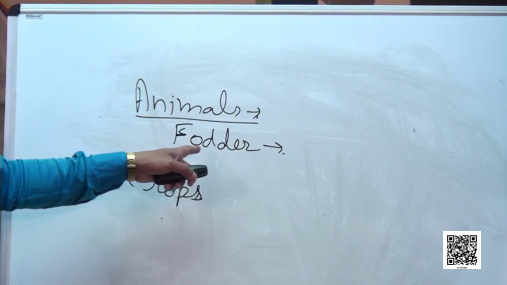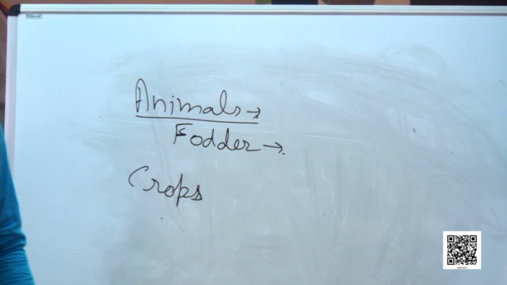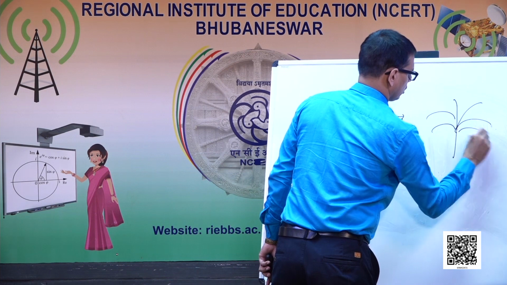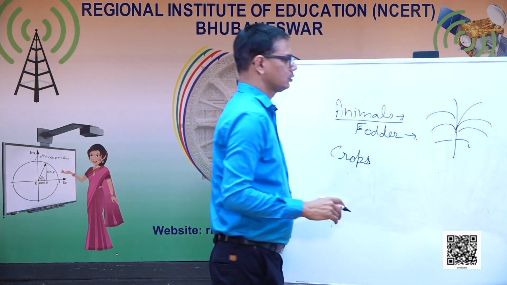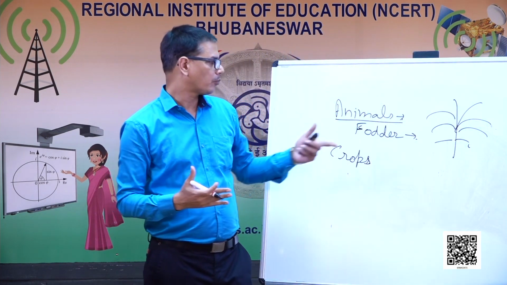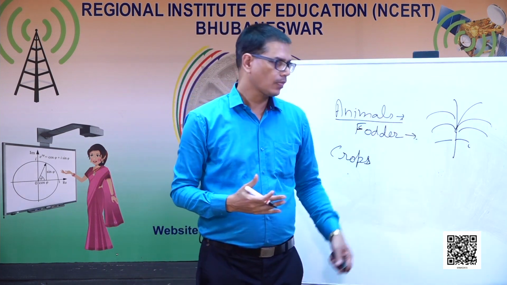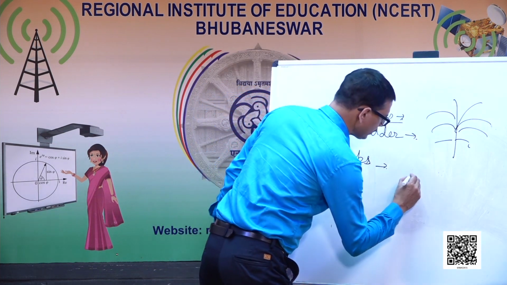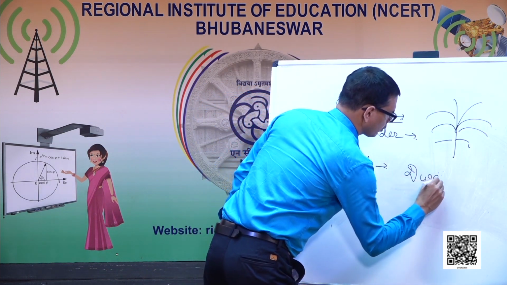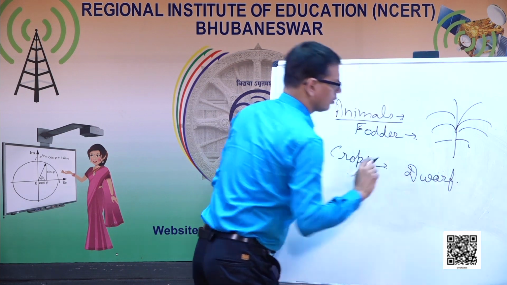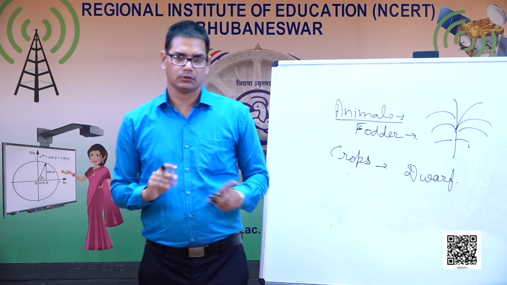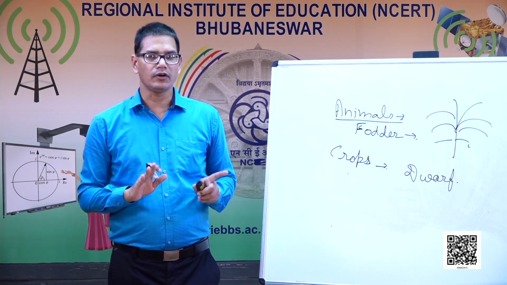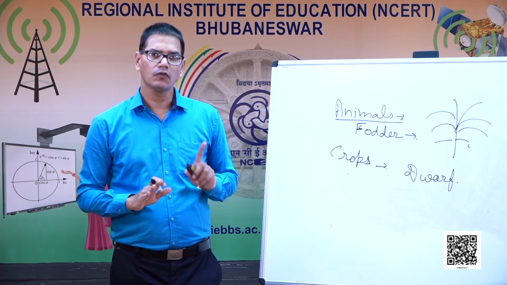So, the desirable quality of this fodder is highly branched and tall, so that an animal can get a bulk of food. But in the case of crops, it should be dwarf, so that the crop does not take much nutrients. The nutrients only go to the food grains.